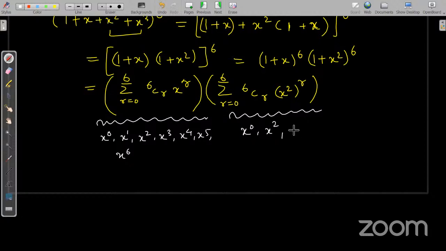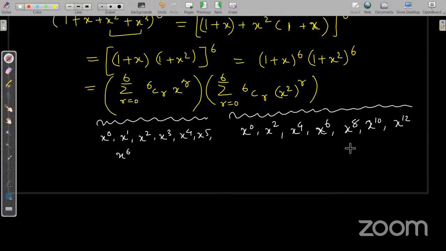When r is 2, you get x to the power 4. Then r is 3 gives x to the power 6, then x to the power 8, then x to the power 10, then x to the power 12. So all these powers you get in the second expansion.